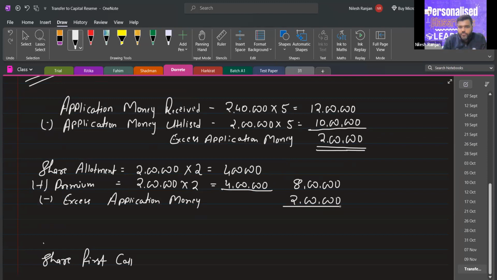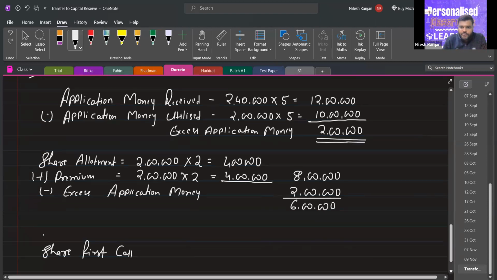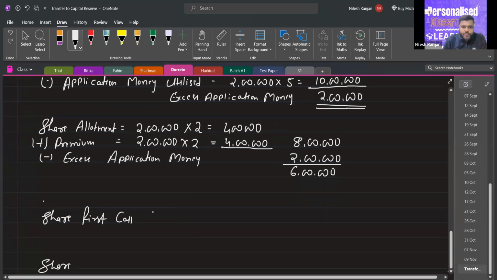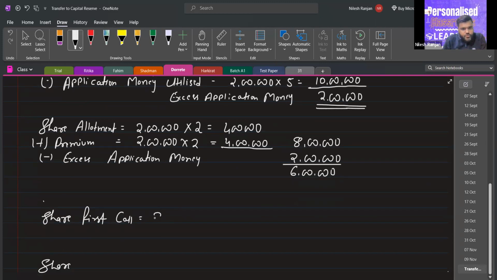The balance 6 lakh we have to receive here. Now in share first call, it is 2 lakh into 2, 4 lakh.